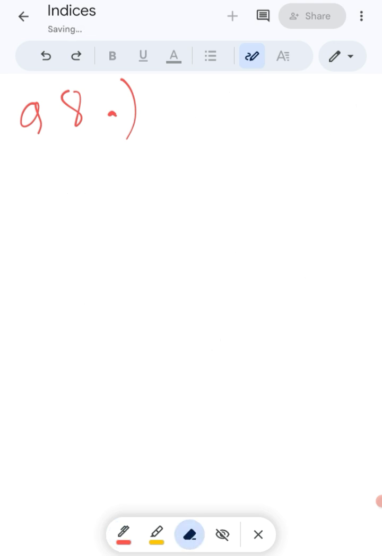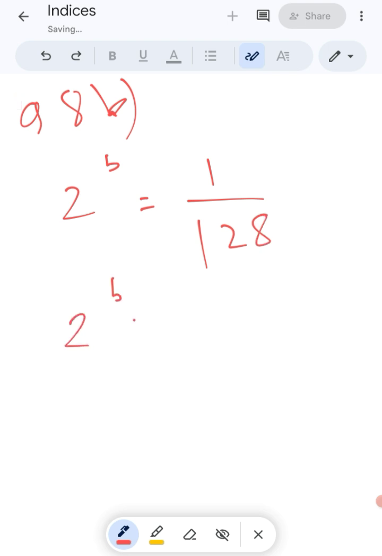Let's do part B of this. Okay, so the question says 2^b is equal to 1 upon 128. Okay, so 2 raised to the power b is equal to 1 upon, I don't know to which power is 128. So let's take out the LCM first. 128 was there, starting with 2.